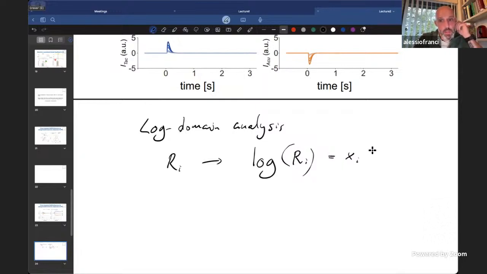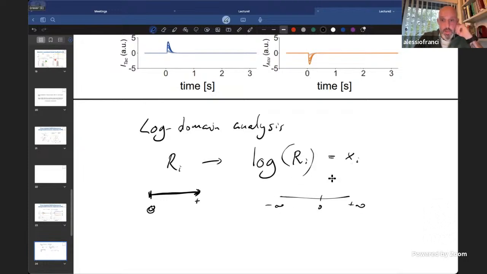And if you do so, then essentially you are mapping. So these rates live in the positive space, whereas the logarithm lives from minus infinity to infinity. And the nice thing is that the positive real line is not a linear vector space, because you cannot subtract positive numbers, otherwise you can go negative.